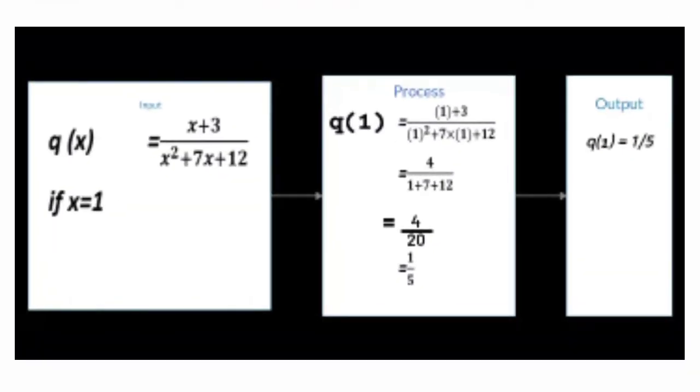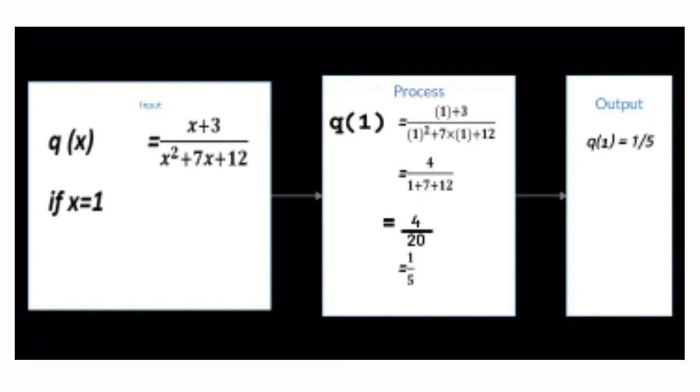And in here, our input is the function q of x equals x plus 3 divided by x squared plus 7x plus 12. If x equals 1, then in the process, q of 1 is equal to 1 plus 3 divided by 1 squared plus 7 times 1 plus 12. 1 squared is 1 and 7 times 1 is 7.